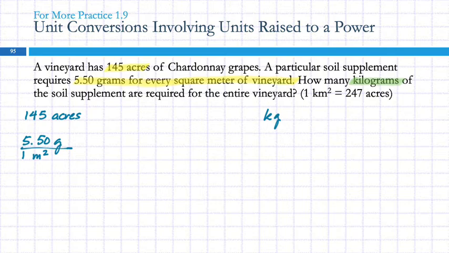Now, how can we get from acres to kilograms? This is not obvious. Well, we were handed something right here, right? So I could go from acres to square kilometers using that. So let's go from acres to kilometers squared.